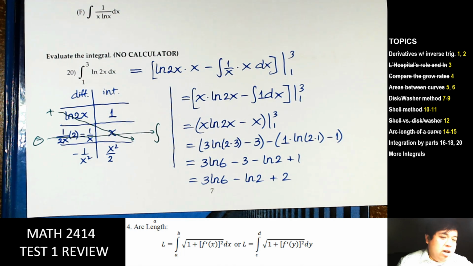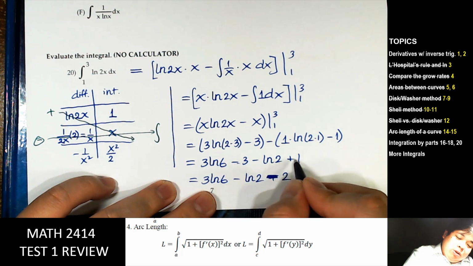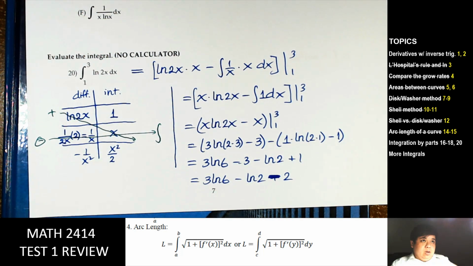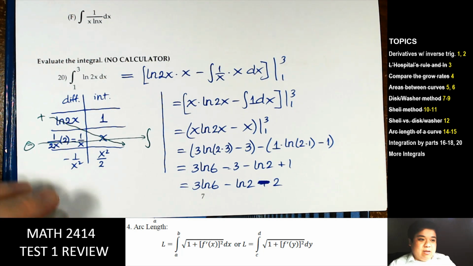And we're going to leave the answer like this. Except this should be a minus. Minus 3 plus 1, so that's minus. Yeah. Again, we said no calculator, so we just have to leave the answer in that form.